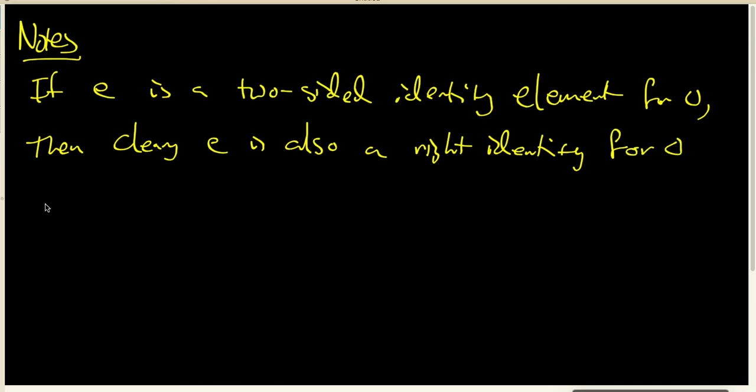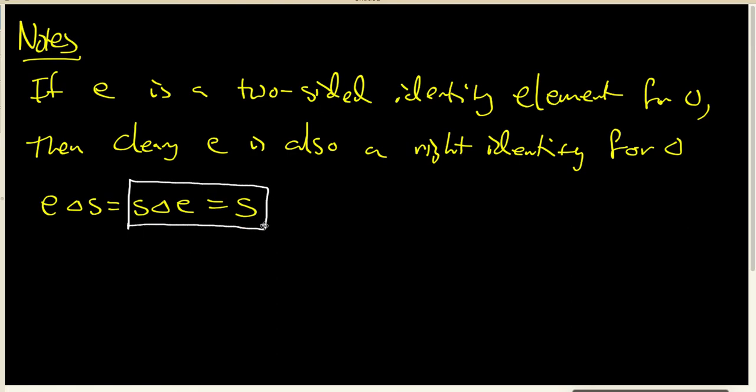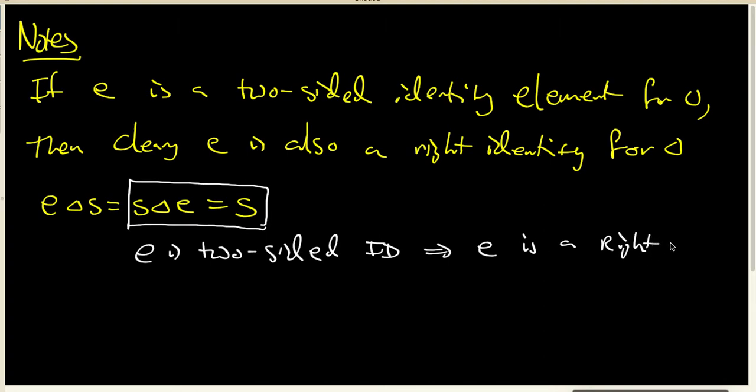And that's because if I know that E triangle s is equal to s triangle E, and both of these things are equal to s, this part of the definition of a two-sided identity element says that E being a two-sided identity has to imply that E is a right identity element. But it's also important to understand that right identities might not be two-sided.